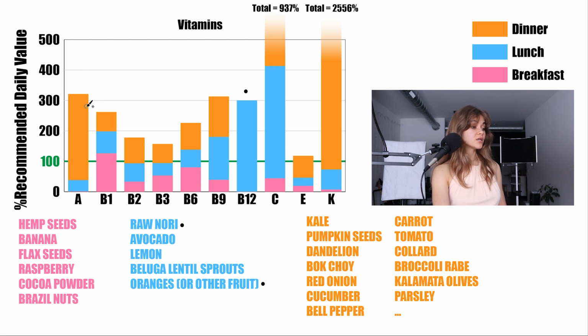Then we see that we get about 320% daily value of vitamin A, which majorly comes from the salad. Greens are a huge source of vitamin A, and as you can see, carrot here will have some, and peppers. Basically all vegetables to some degree provide vitamin A. It's not difficult to get it, and actually it may even be concerning whether you get too much vitamin A, because it can interfere with other vitamin absorption.